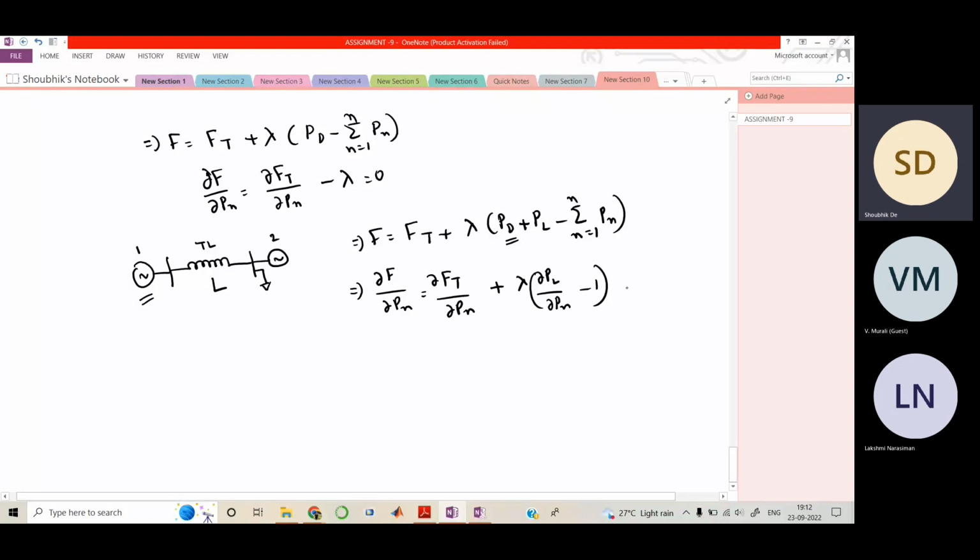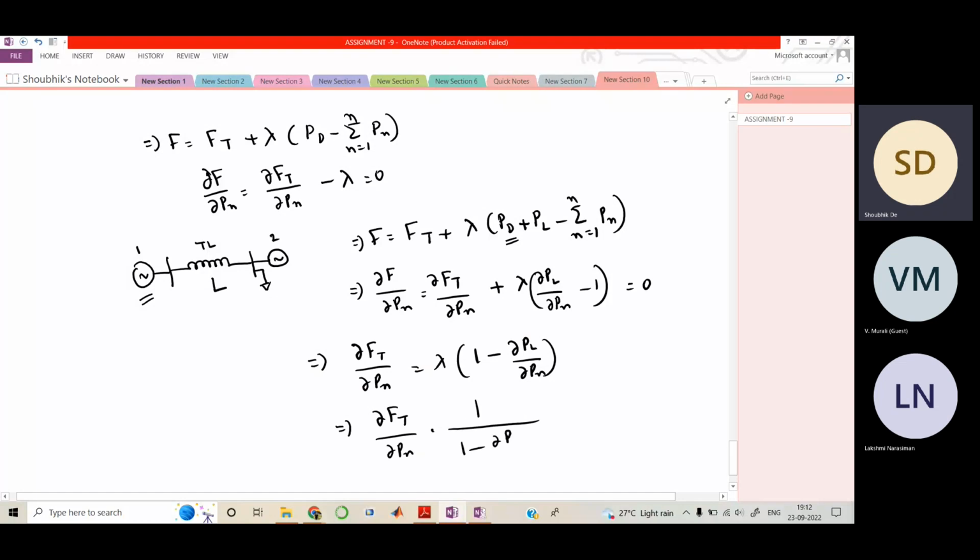We are setting this to 0 as usual. Let me just simplify. This is very easy. If I take this to the other side, it would look like this.